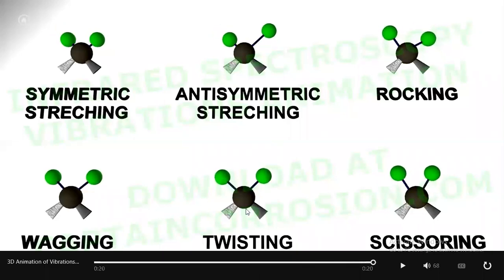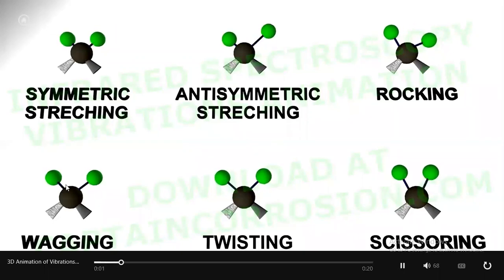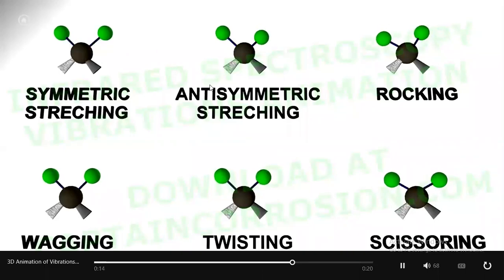Wagging is out of plane, and twisting is also out of plane. Scissoring is in plane. These two come under in plane, these two come under out of plane bendings, and these two come under stretching vibrations.